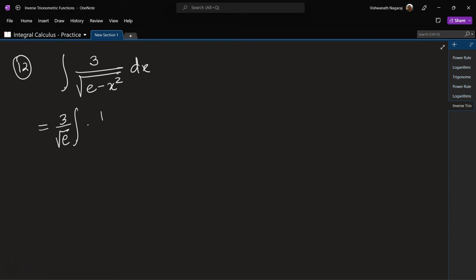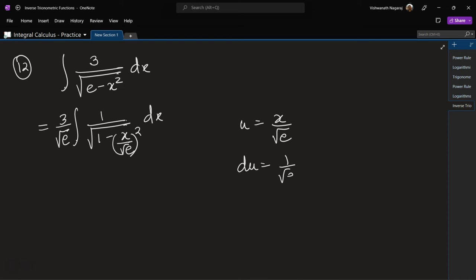So here we'll be left with 1 by square root of 1 minus x by square root of e square dx. So now we can take u is equal to x by square root of e, du would be 1 by square root of e dx. That is dx is equal to square root of e du.